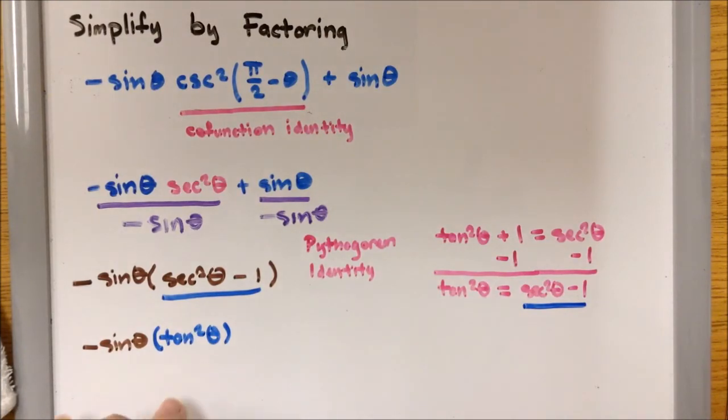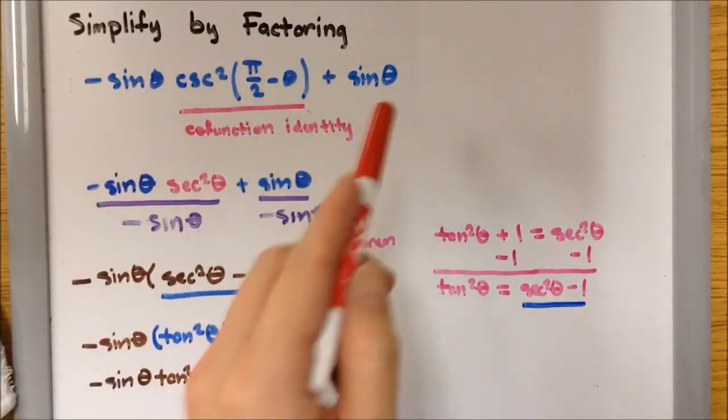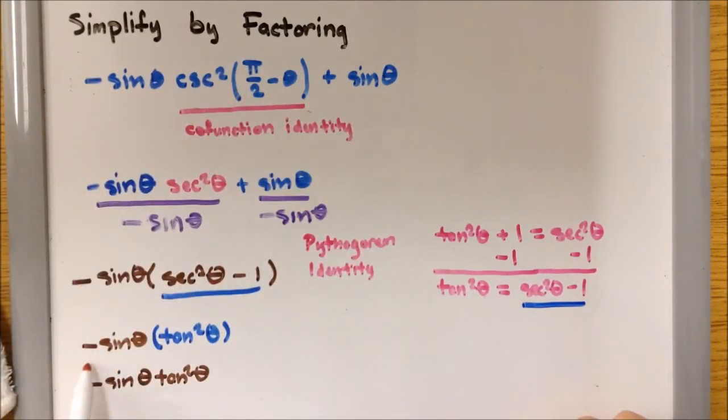And then when you have something like this, you can just drop the parenthesis, which will be negative sine theta tangent square theta. So if it simply asks you to simplify by factoring, then this will be your final answer.